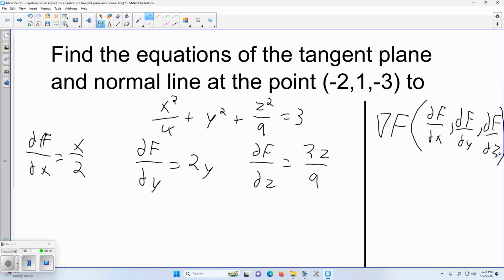So when we plug the point in, we have at the point (-2, 1, -3) the gradient -1, 2, -2 over 3.